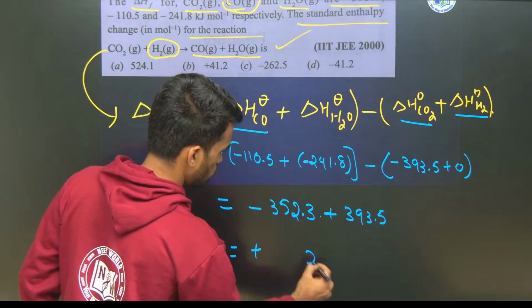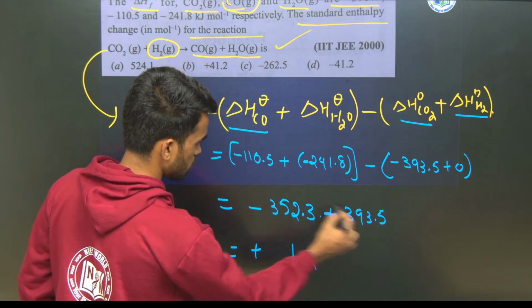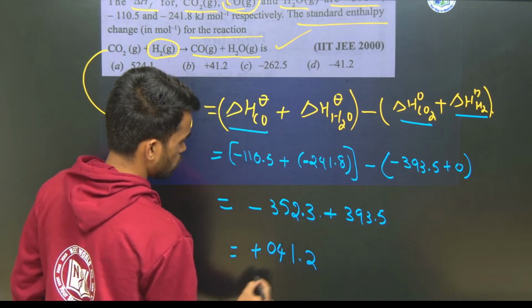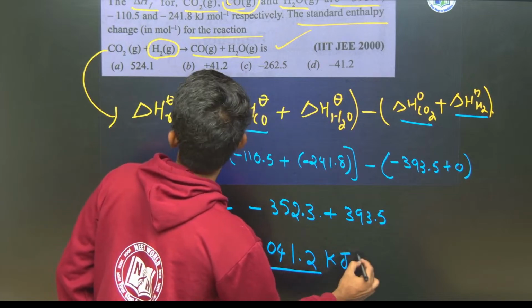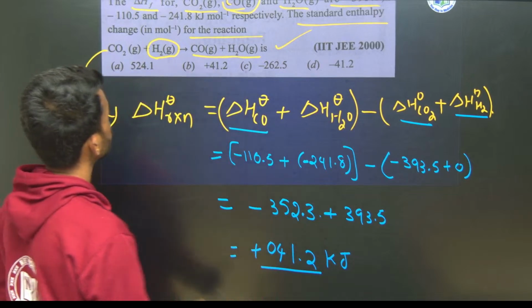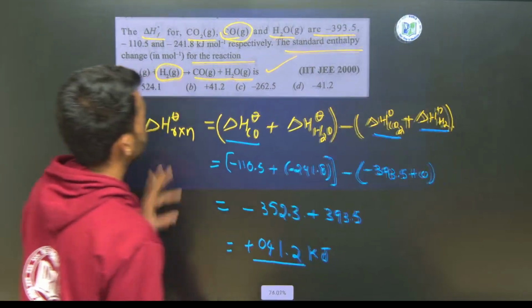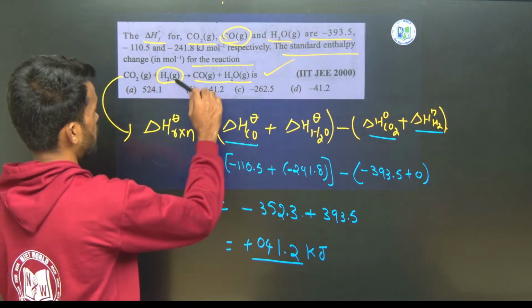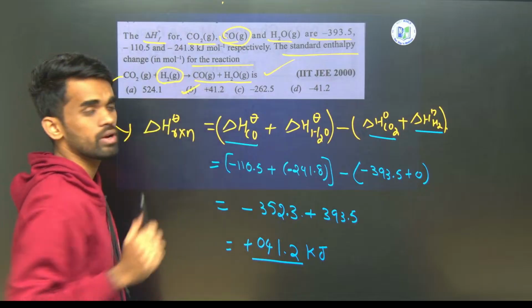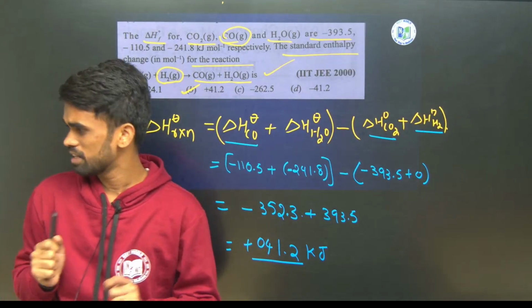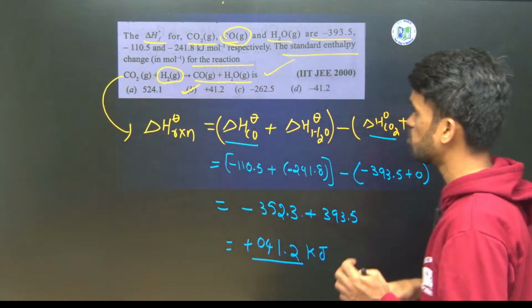So 41.2 kilojoule per mole will be your answer. So here you have the second option, plus 41.2, that will be your answer for this question, right? Let us move further for a few more questions.